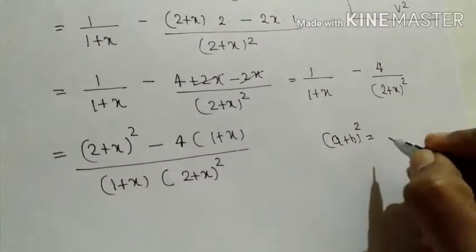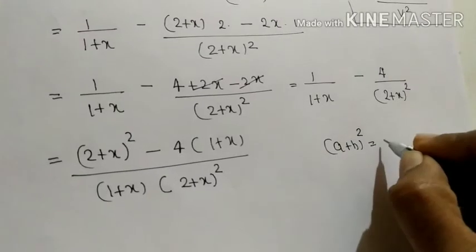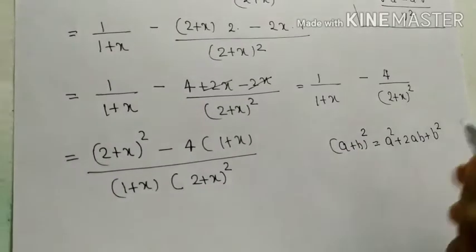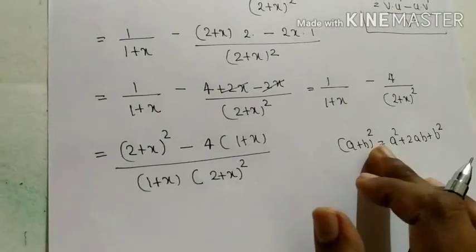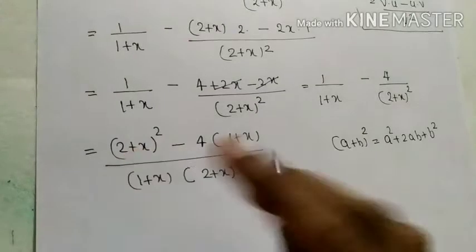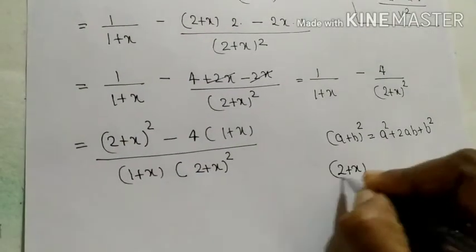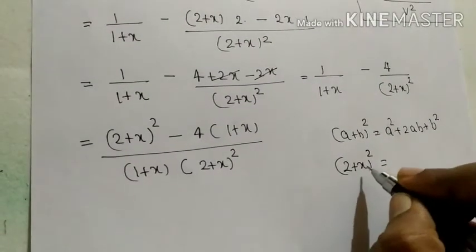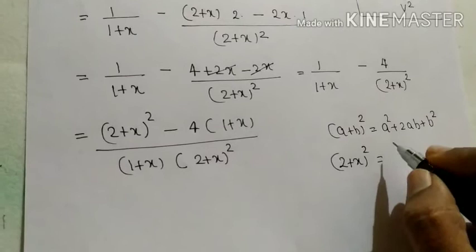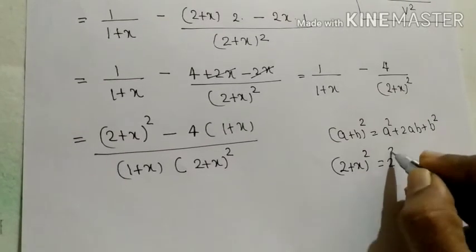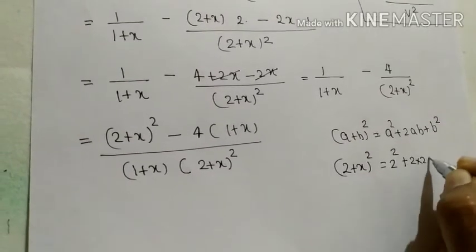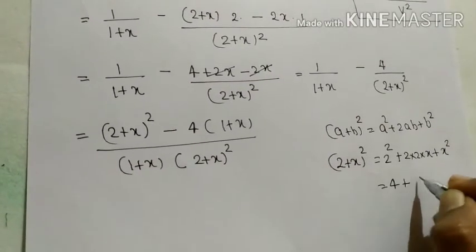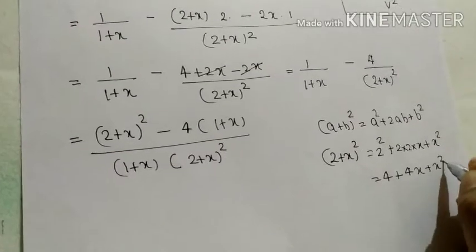We know that a plus b whole square is a square plus 2ab plus b square. So I am going to use this identity by expanding 2 plus x whole square. Using this identity, we get 2 square plus 2 into 2 into x plus x square, that is 4 plus 4x plus x square.